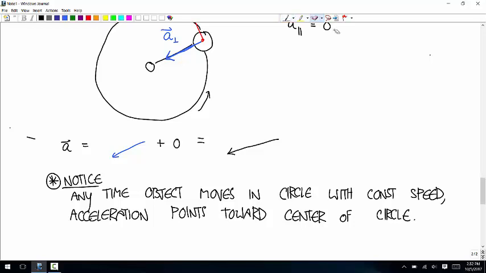So we'll have a whole section where we're doing calculations involving circular motion, and this is going to be sort of a key idea. Any questions about that?